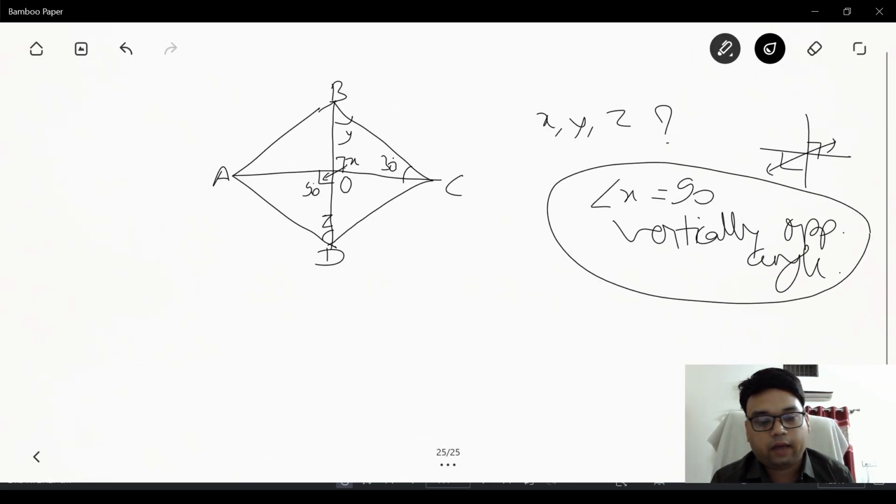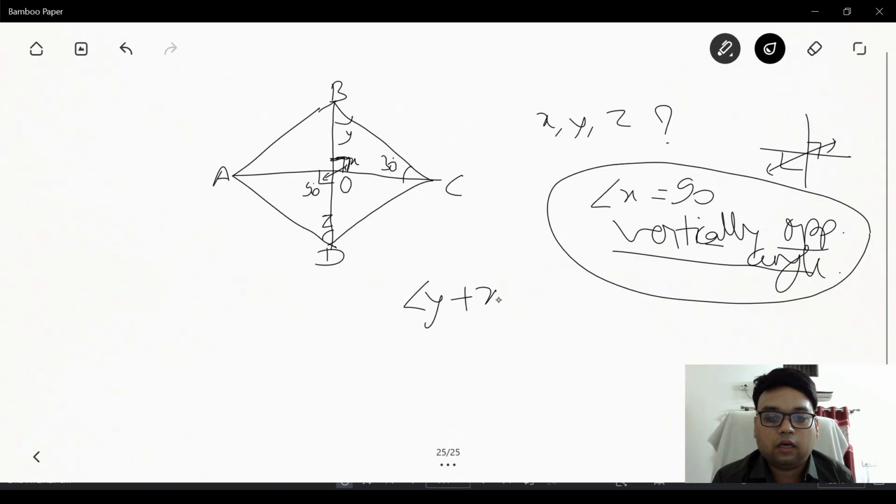That's why angle x is equal to 90 degrees, not because it seems like 90 degrees in the figure, but because vertically opposite angles are equal. Now we use the property that the sum of angles of a triangle is equal to 180 degrees.